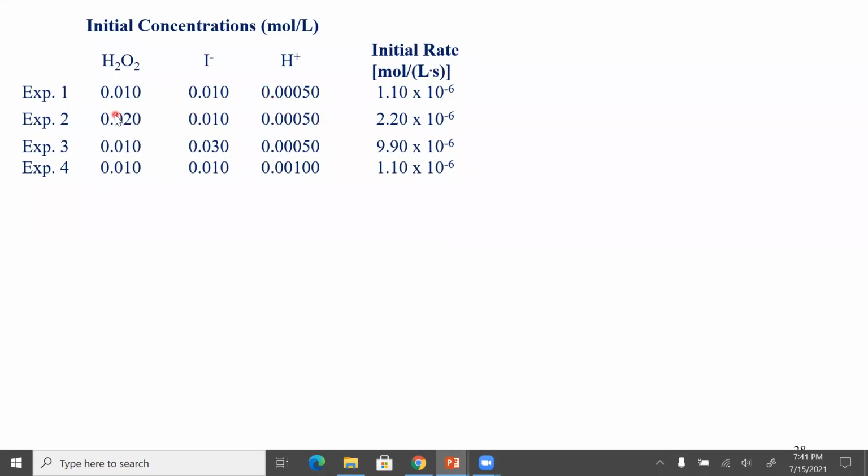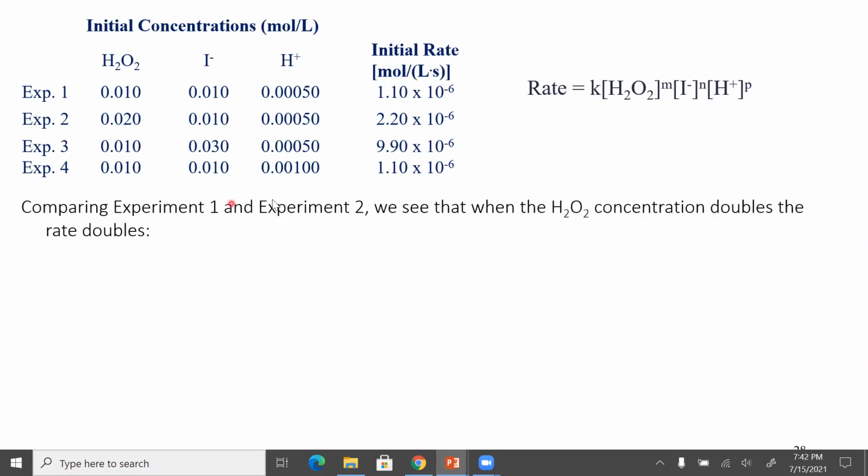And then we can compare the rate to the concentration. So we're going to look at experiment 1 and experiment 2. Okay, and this is what we're trying to find. So let's look at experiment 1 and experiment 2 and see what happens to the rate.